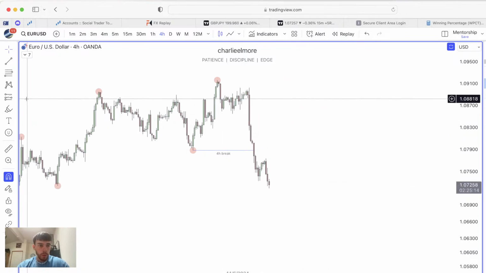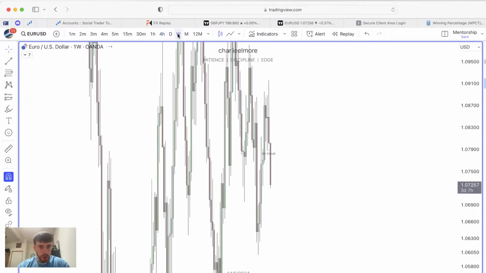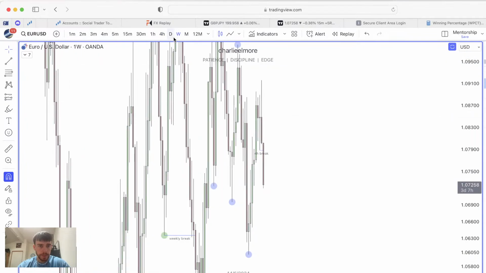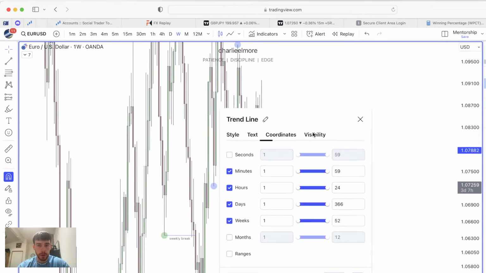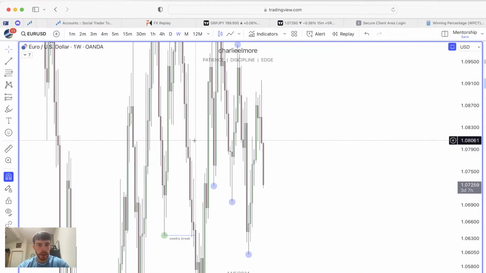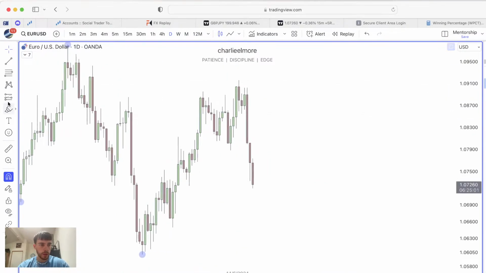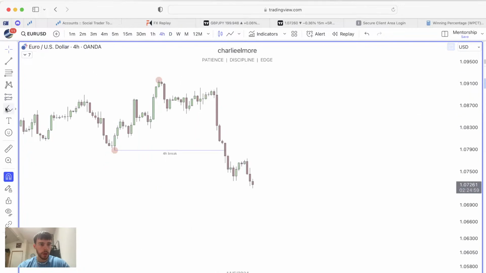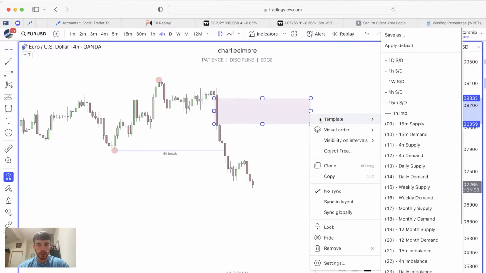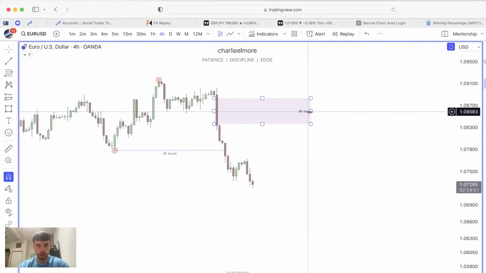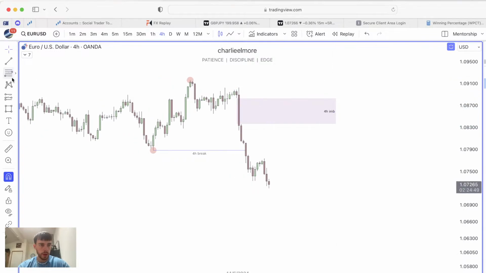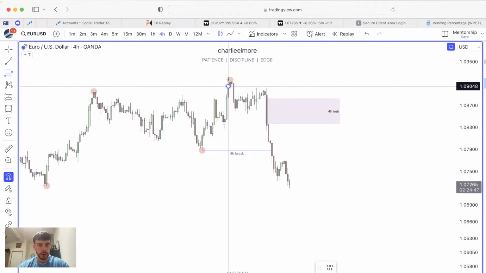So what we want to be doing now is looking at potential areas in which price can retest before we continue to the downside. What I'm going to mark on is this 4-hour imbalance right there. So from this high down into the low, that will now be in a premium.